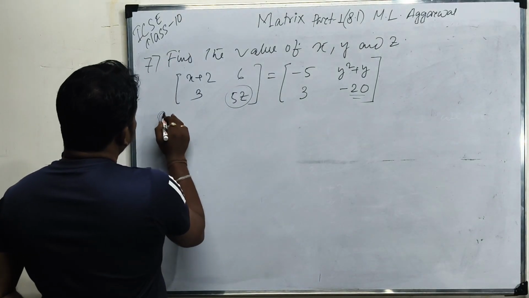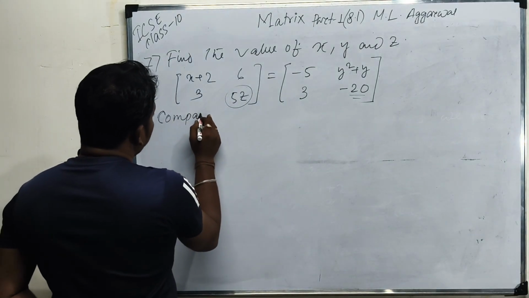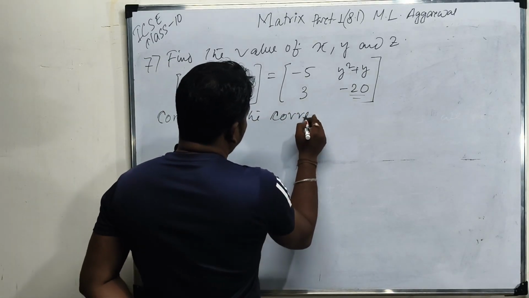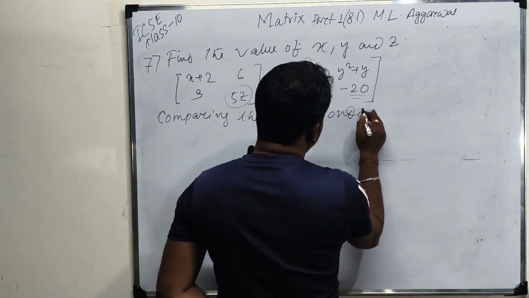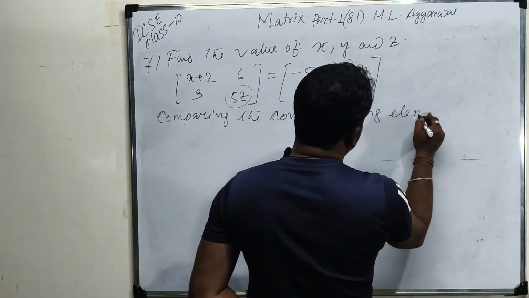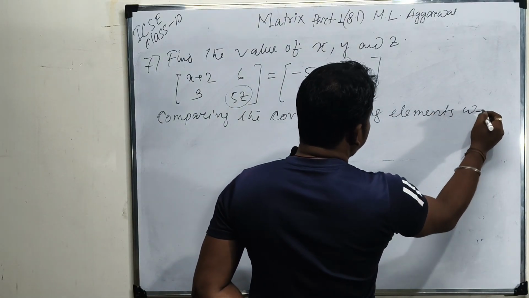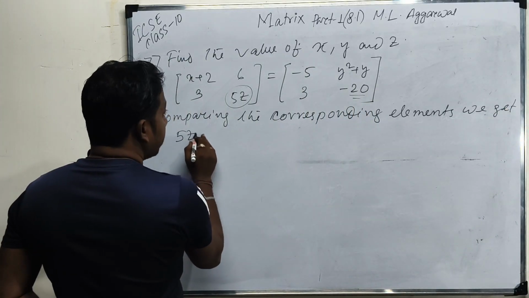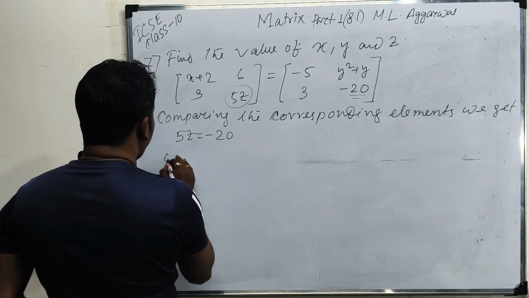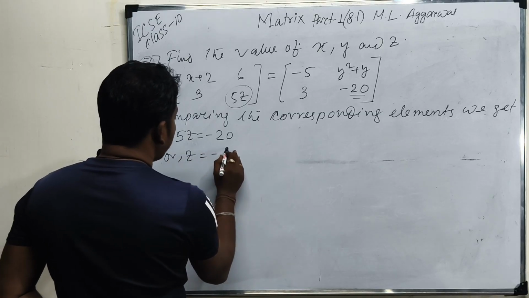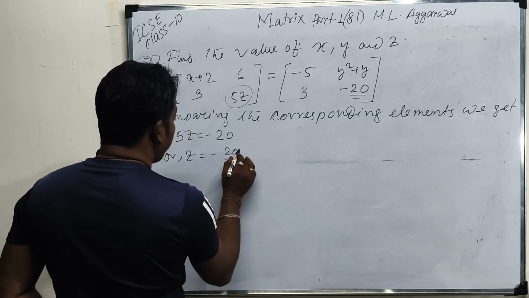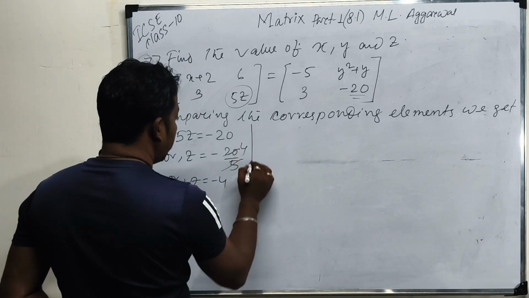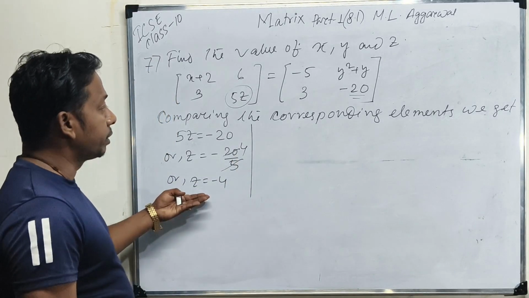So comparing the corresponding elements, we get 5z equals minus 20, or z equals minus 20 by 5, or z equals minus 4. Simply we get the value of z.